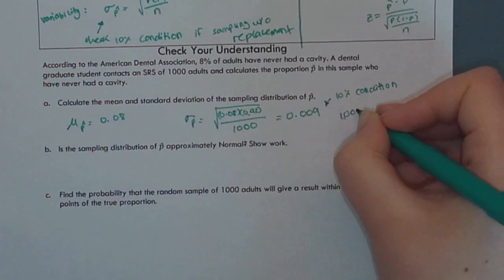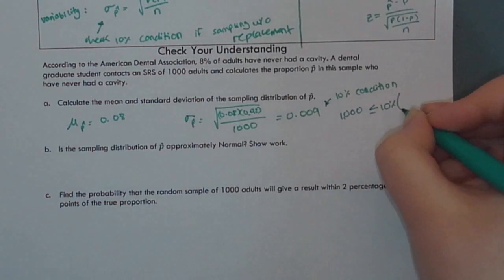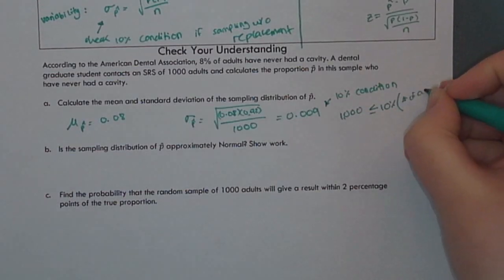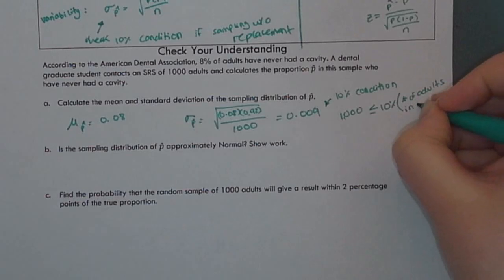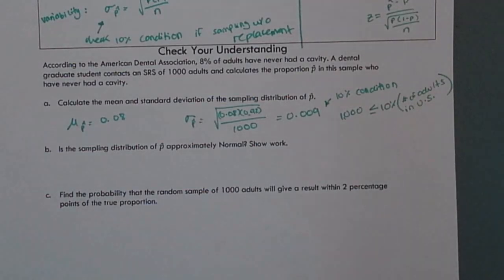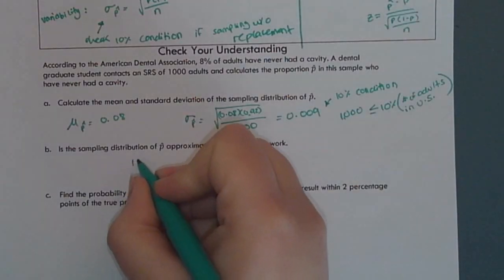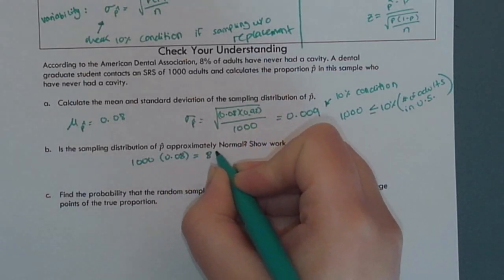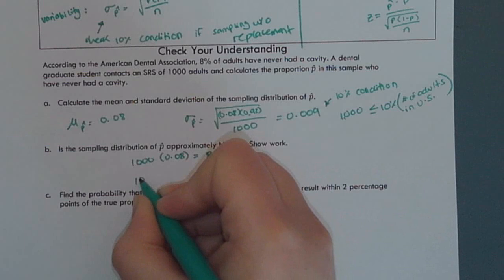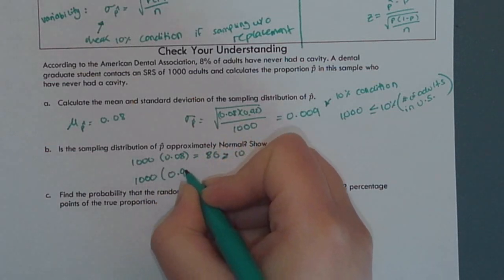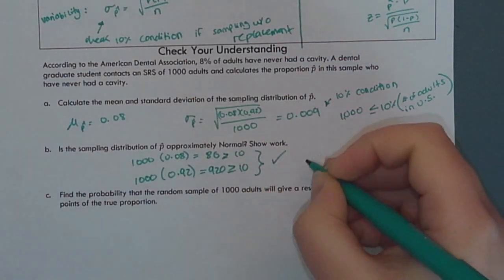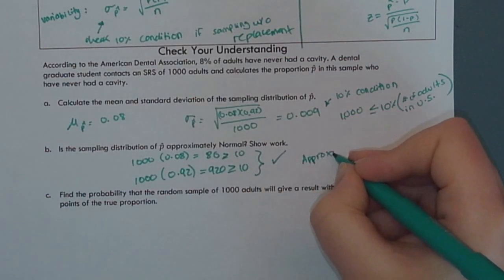So 1,000 needs to be less than or equal to 10% times the number of adults in the U.S., which it is definitely less than that because there are millions of adults in the U.S. Next, we gotta check if it's approximately normal, so that's when we take our 1,000 multiplied by the probability of success, which needs to be greater than or equal to 10, and our 1,000 times the probability of failure, which needs to be greater than or equal to 10. Both of those work, so that means it is approximately normal.